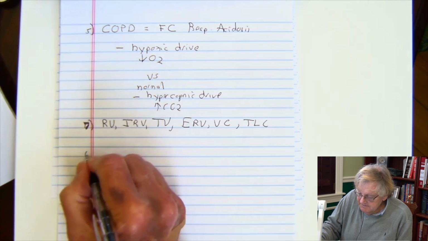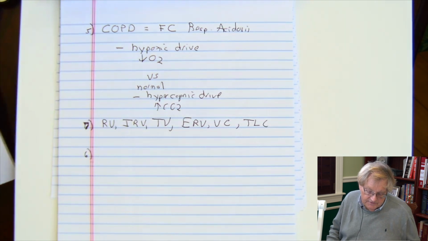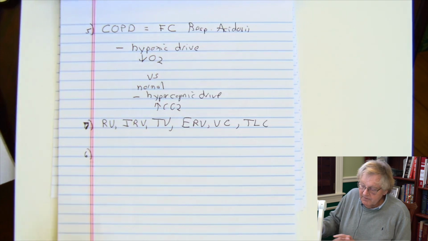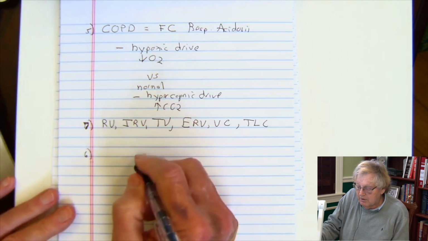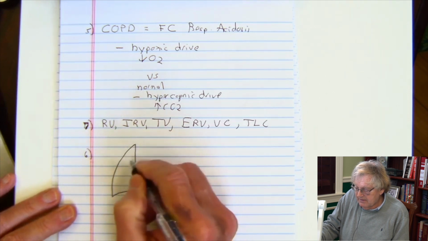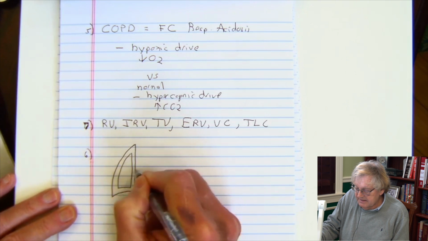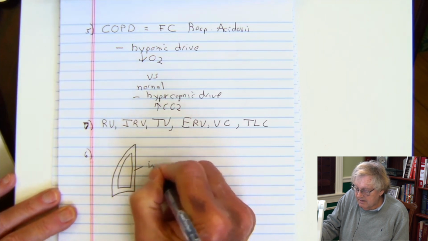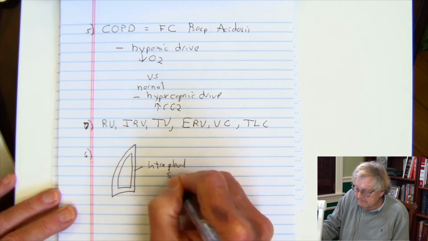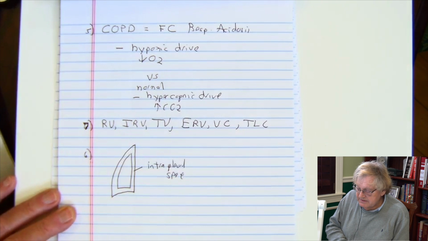Number 6 is distinguish intrapleural, interstitial, and HTX, PTX, ATX. Remember, intrapleural is between the pleura. So remember when I talked on the prior lecture, this space in here is the intrapleural space. The other one is going to be the interstitial space.